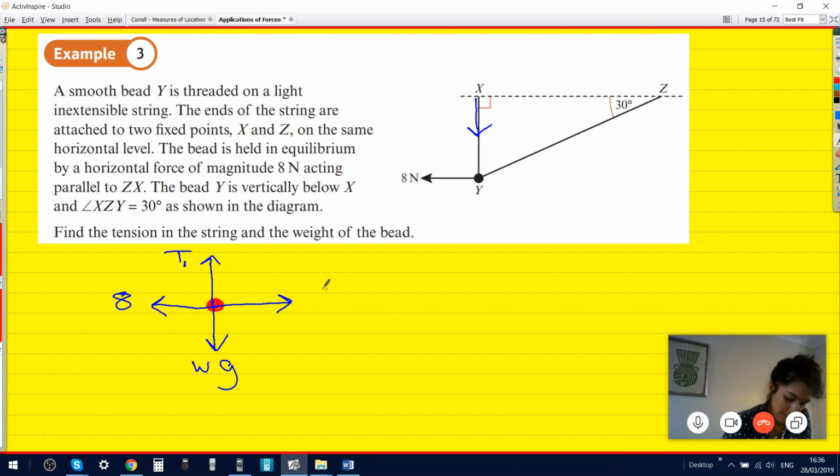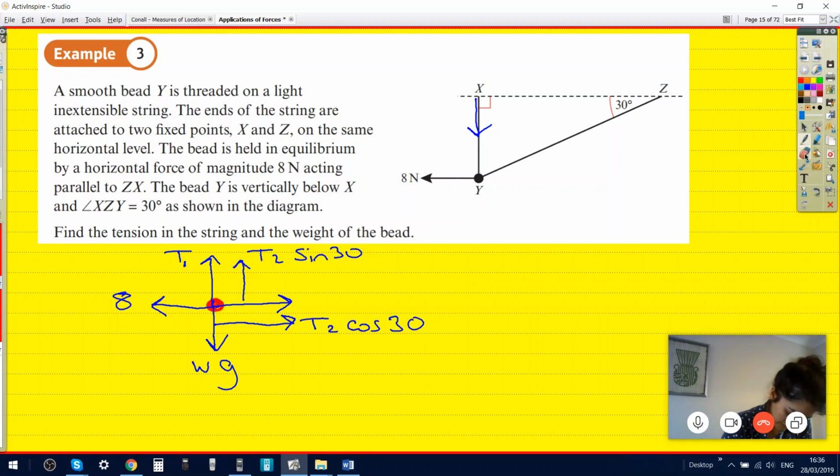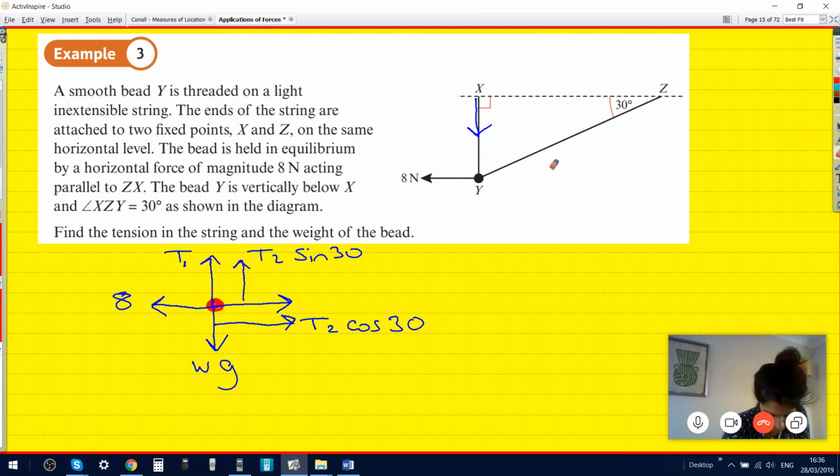Then that's 30 degrees there. If we make some right angles, if that's 30 degrees, then that part is 30 degrees. So we have Z sine 30 and Z cos 30, and that's W, that's T, that's 8.